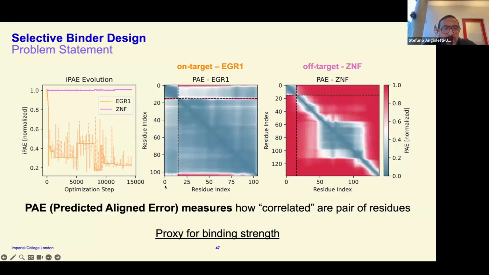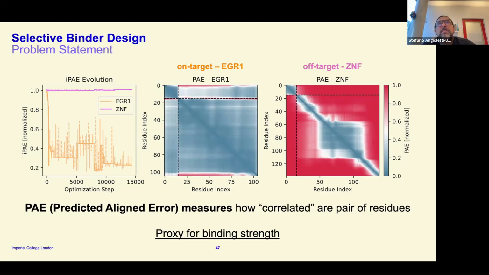Maybe this is related to the question that I think you were asking before. So what is the energy of binding in this case? Well, there are potentially different ways to evaluate the energy of binding between two sequences. What we use for optimization is we don't really calculate the physical energy of binding between the two proteins, but we use the so-called predicted aligned error.